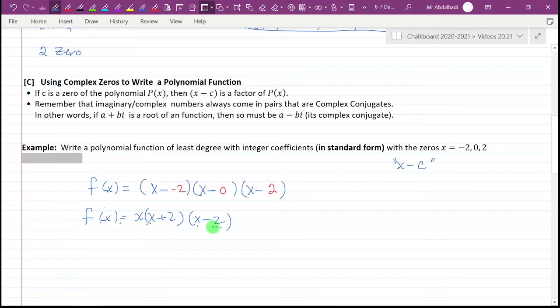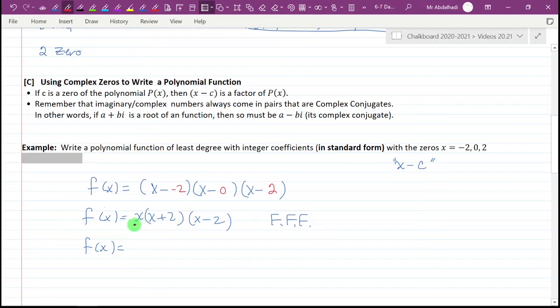Okay, so this is the function written in factored form or fully factored form. But they want it in standard form. They don't want it in factored form, which means we have to multiply this out. So let's go ahead and multiply this out. Now when you have 3 things, you can only multiply 2 at a time. You can't multiply all 3 things at once.